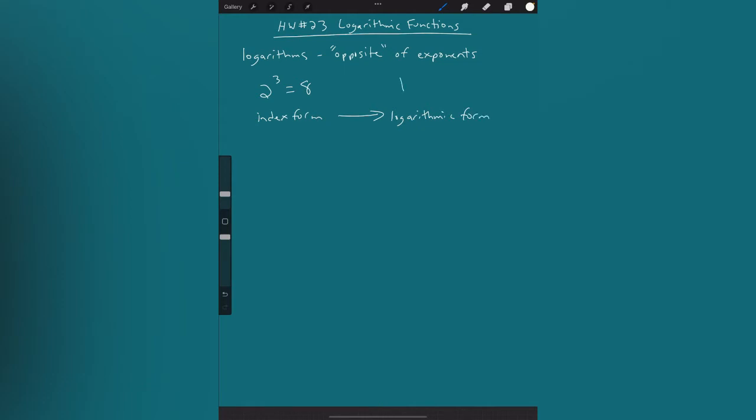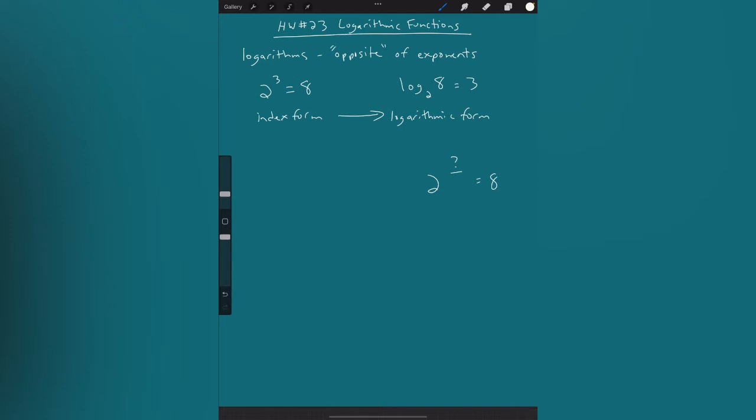You can say log 2 of 8 equals 3. And really what that means is if you're trying to find 2 to the what power equals 8, almost like 2 to the what power, we don't know what that number is, equals 8. If you're trying to find that number, you can use a logarithm.